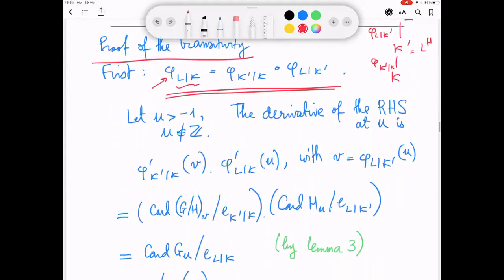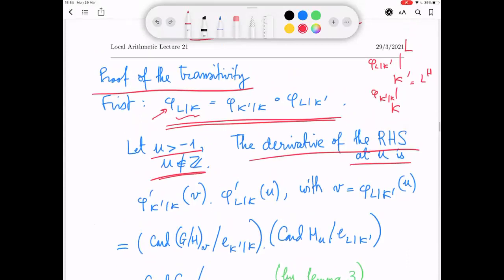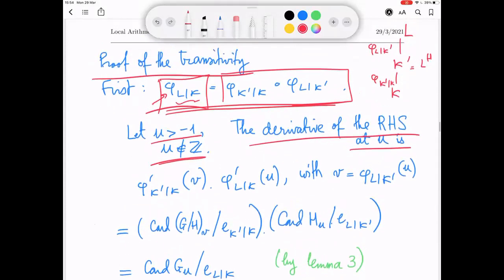So let's take some u which is strictly greater than -1 and which is not an integer. And what's the derivative of the right-hand side at u? This is the right-hand side. I want to show that it's equal to the left-hand side. So I'm first computing the derivative.